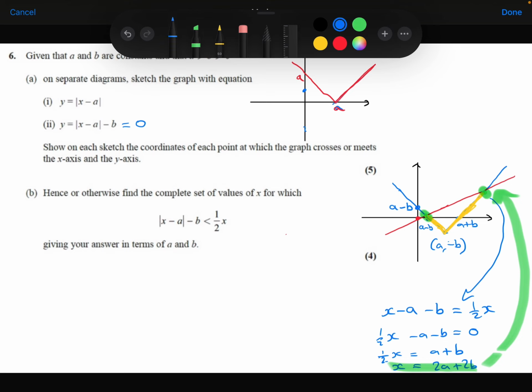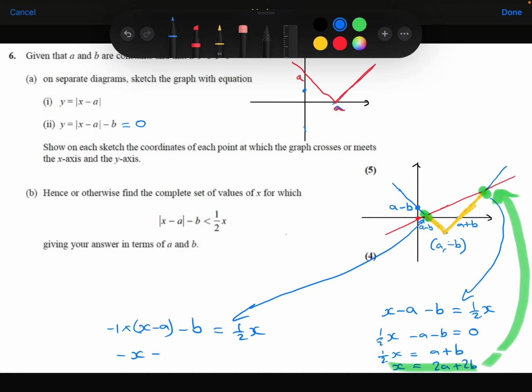Now let's take this coordinate. This bit of the graph here was the bit of the graph that was reflected by the modulus. So that is the bit of the graph where I'm going to take the bit that's inside the modulus, the x minus a, and that was where it got multiplied by the minus 1. Minus the b equals the half x.